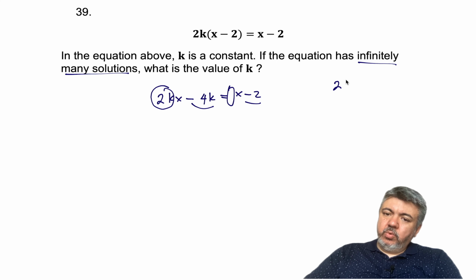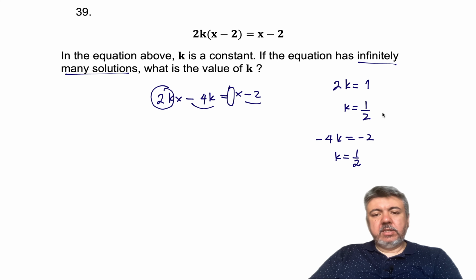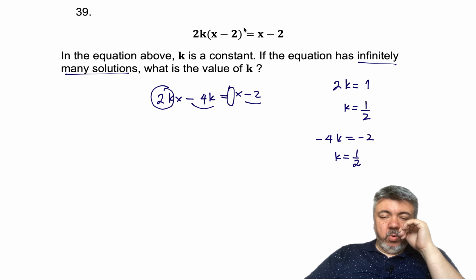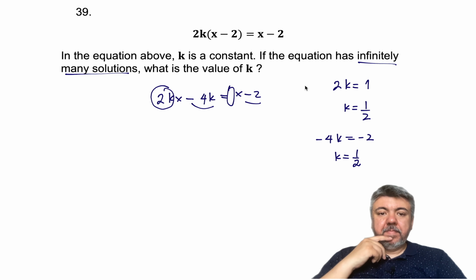Like 2k equals 1, k is 1/2. So minus 4k equals negative 2, k is 1/2. That's going to work. So when k is 1/2, this equation has infinitely many solutions, my friends.